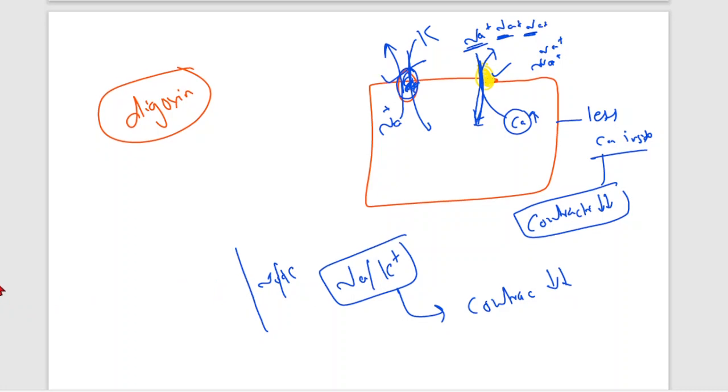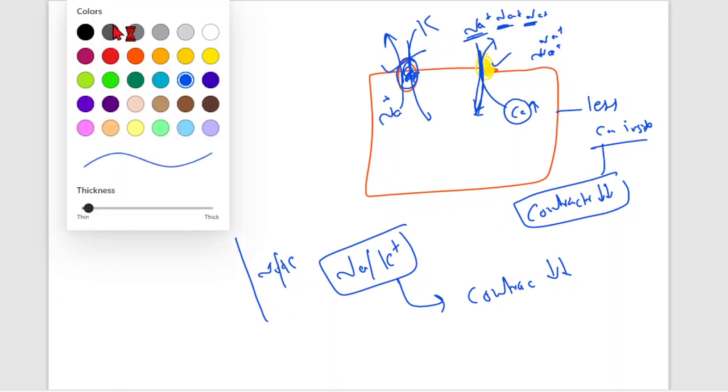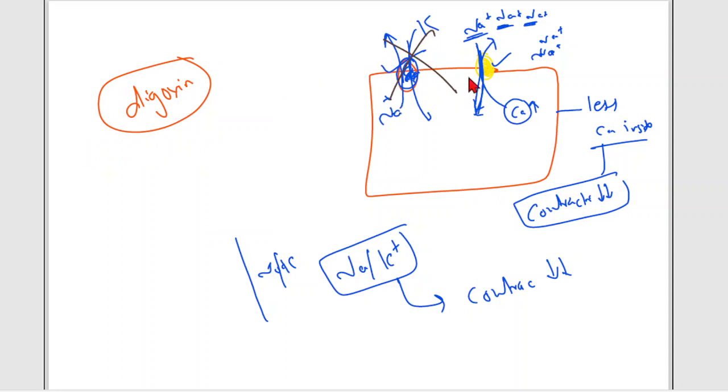If you block this channel, for example, sodium does not accumulate outside, so the sodium can't move inside and the calcium can't move outside. So calcium becomes increased inside.